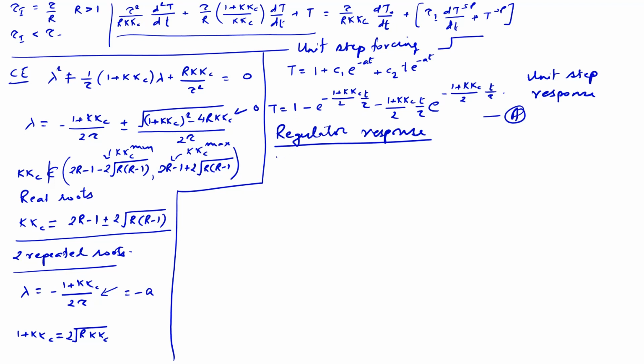So I'll get T will be equal to tau by r kkc times the derivative of the right hand side of the above equation.